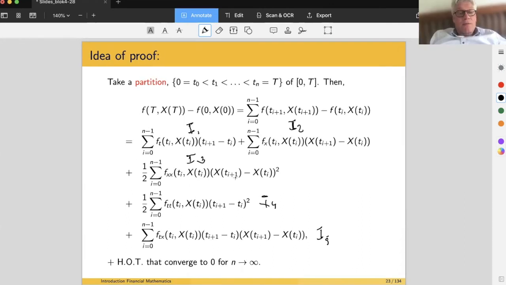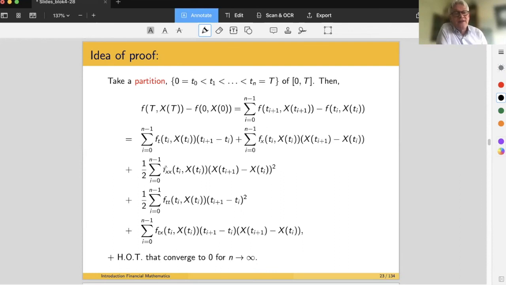Then the next term in the Taylor expansion enters: plus 1/2 the second derivative of f with respect to x times the distance x(t(i+1)) minus x(ti) squared.